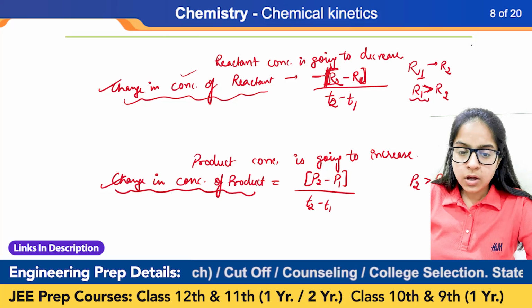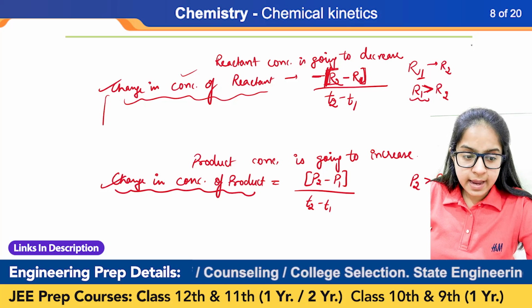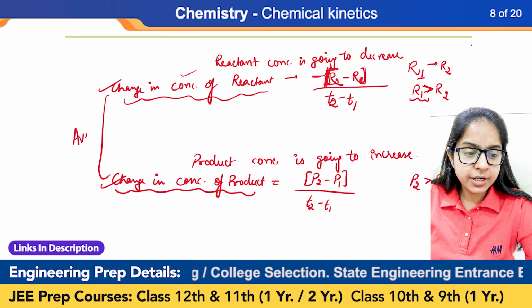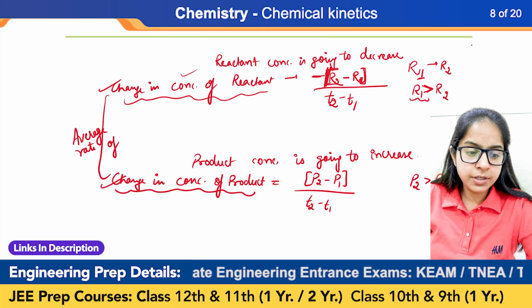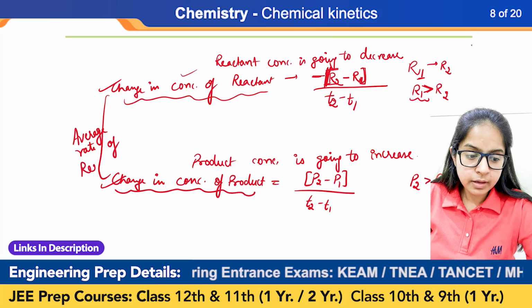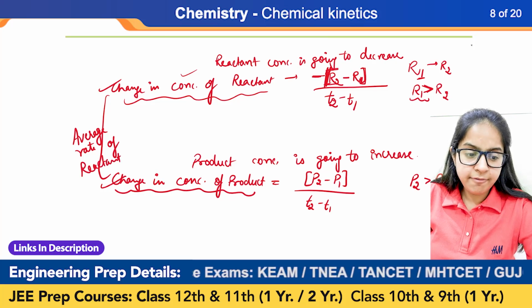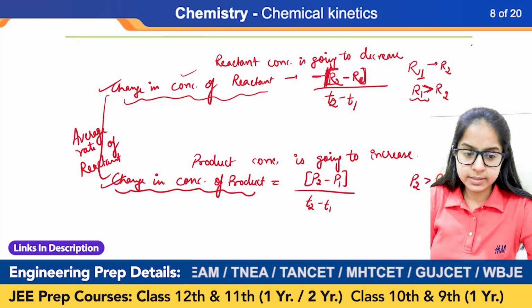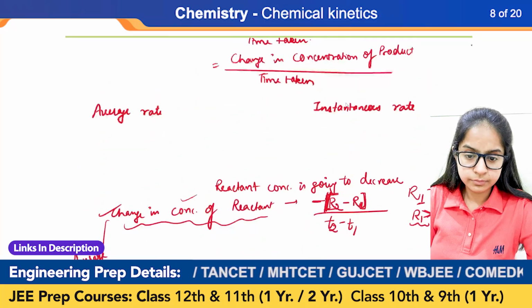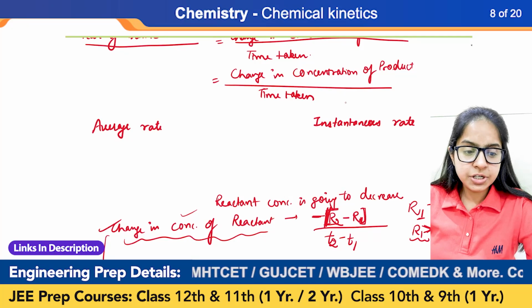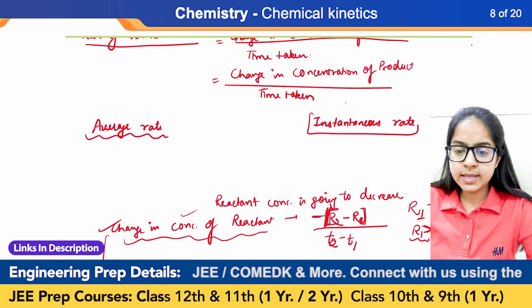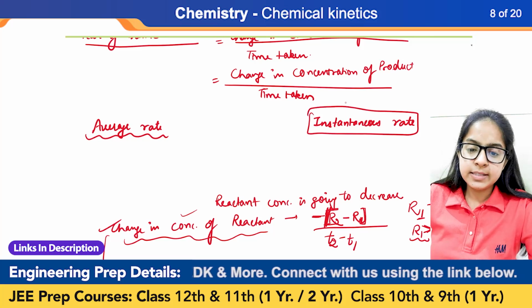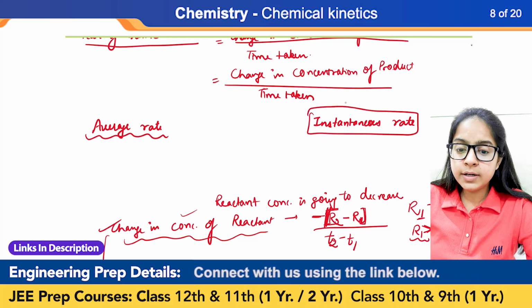Okay. Now, I can say that this is just an average rate of reaction. By taking the average, you are going to get the results. Now this is our average rate, and after that the instantaneous rate. What is an instantaneous rate? Instantaneous rate means at a particular time.